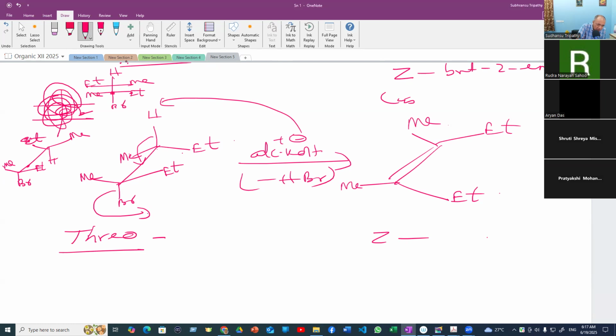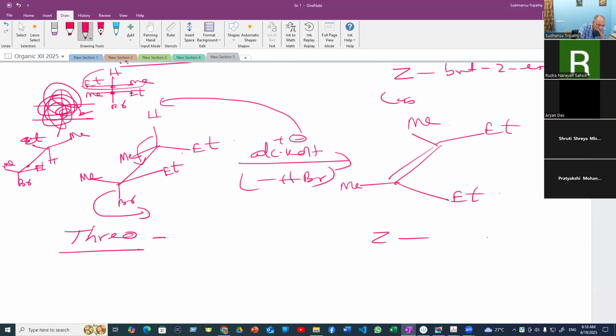So let us look at this carbon. Bromine is number 1. Number 2 is between this bulky group and ethyl, which is senior? Bulky group or ethyl? Bulky group, because this carbon is bonded to 2 carbons, but this carbon is bonded to only 1 carbon.